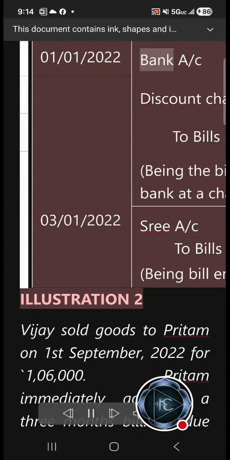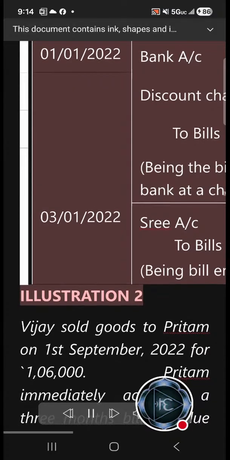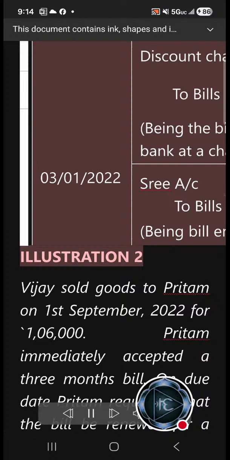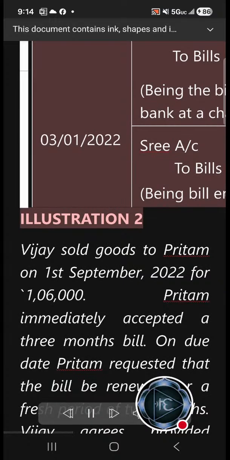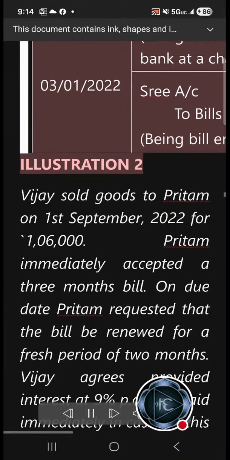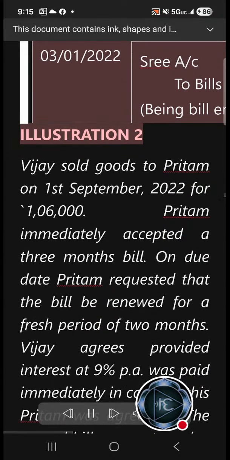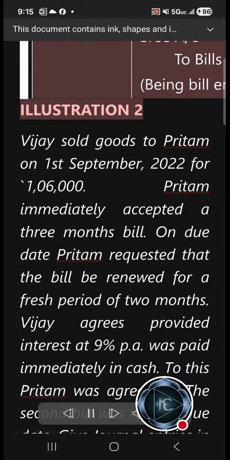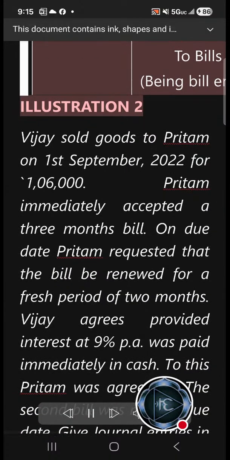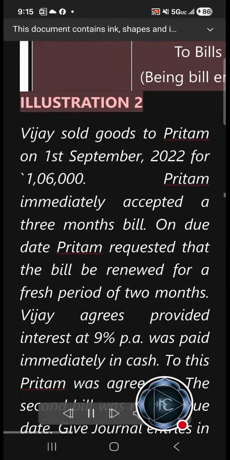Bank A/C Doctor $10,000, Discount Charges A/C Doctor $200, to Bills Receivable A/C $10,200. Being the bills receivable discounted with the bank at a charge of $200. Shri A/C Doctor $15,000, to Bills Receivable A/C $15,000. Being bill endorsed in favor of Mr. Shri.